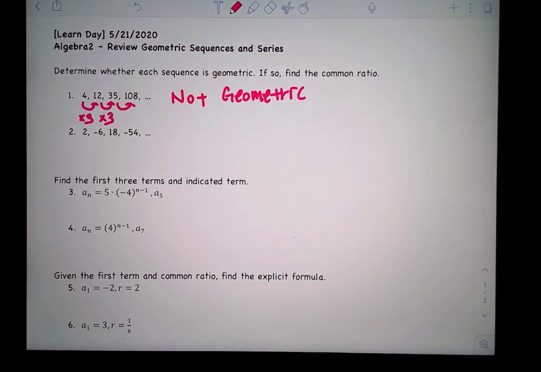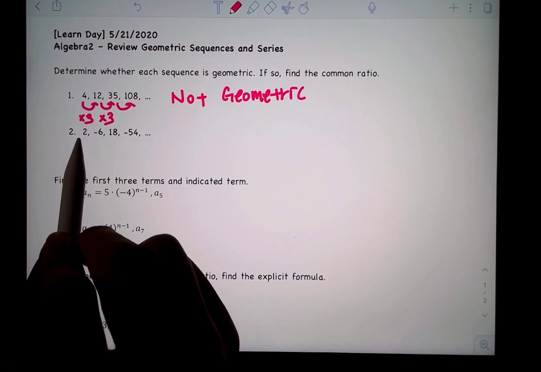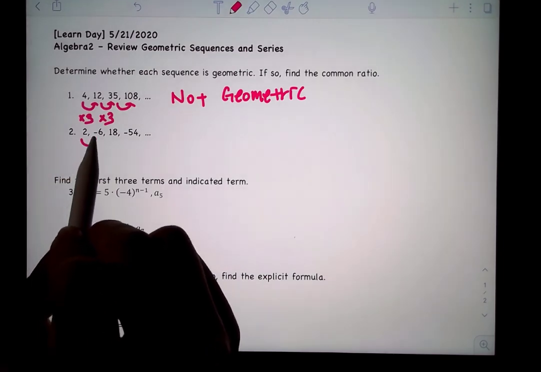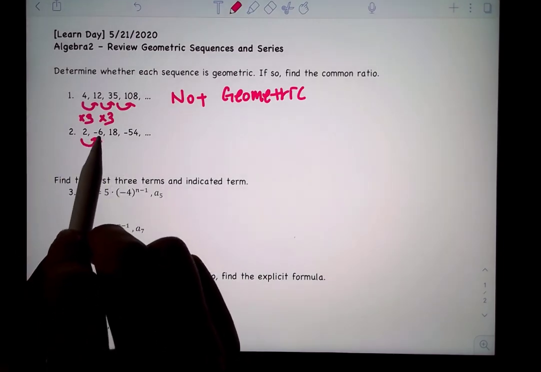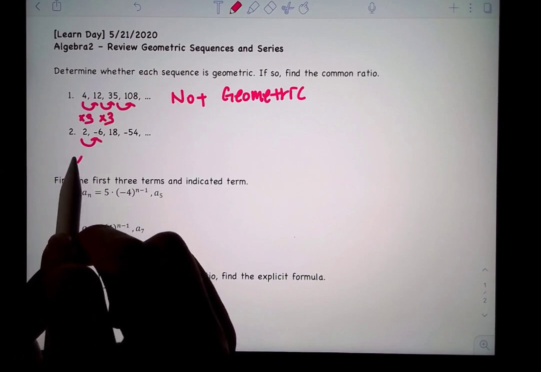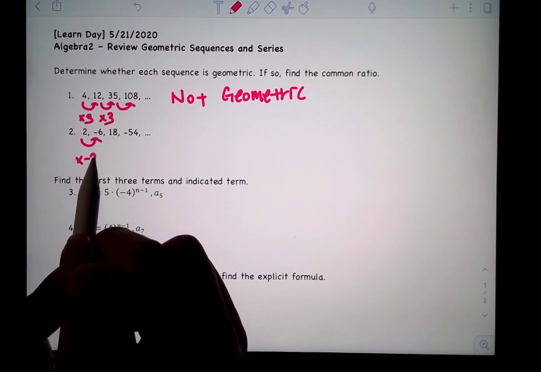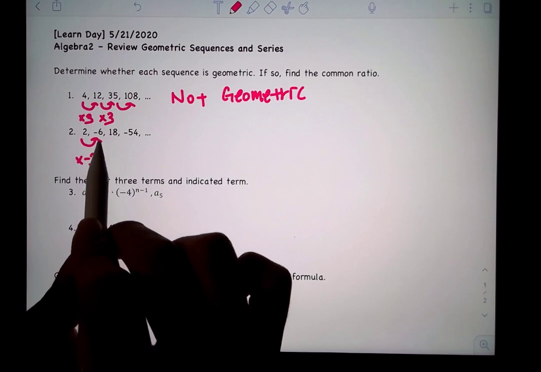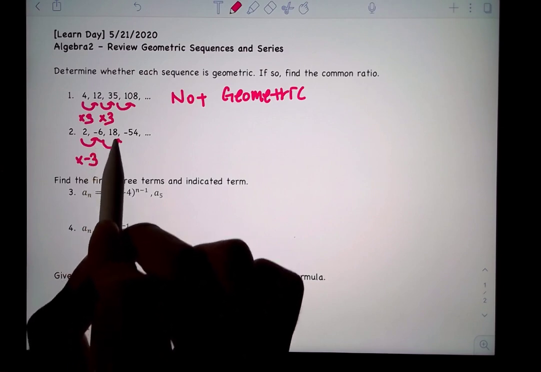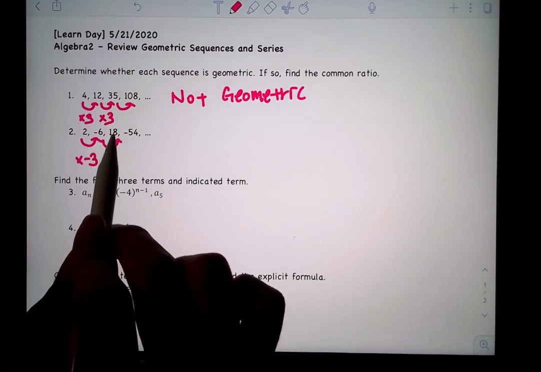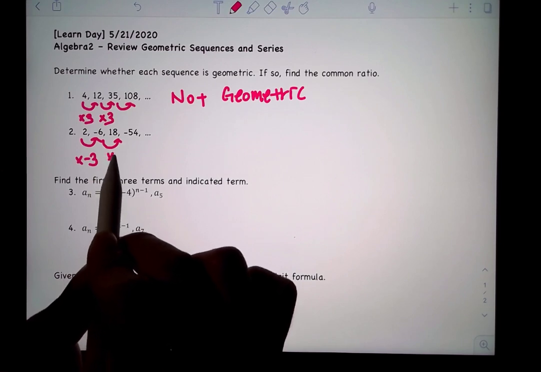And look at number 2. You got 6, and you got 2, and negative 6. So that's multiplied by negative 3, right? And look, when you multiply by negative 3, is it 18? Yes, that's the same pattern, right?